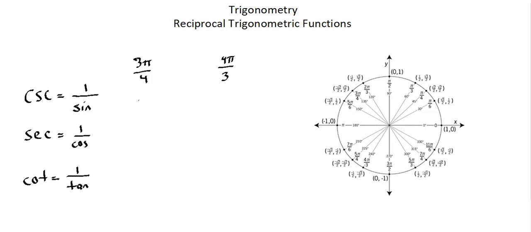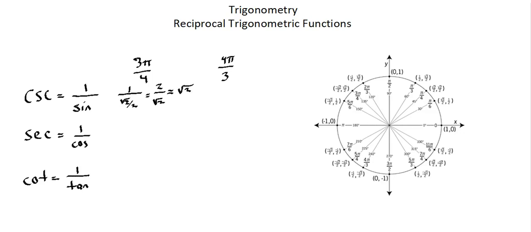For 3 pi over 4, the cosecant function is 1 over sine. Looking at 3 pi over 4, I have a sine value of positive root 2 over 2. So the cosecant is 1 over root 2 over 2, which is the same as 2 over root 2, which we can rationalize.